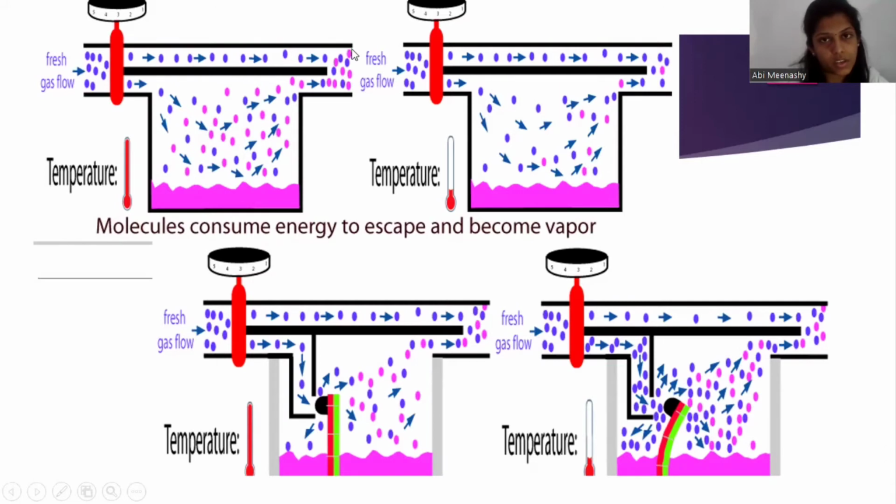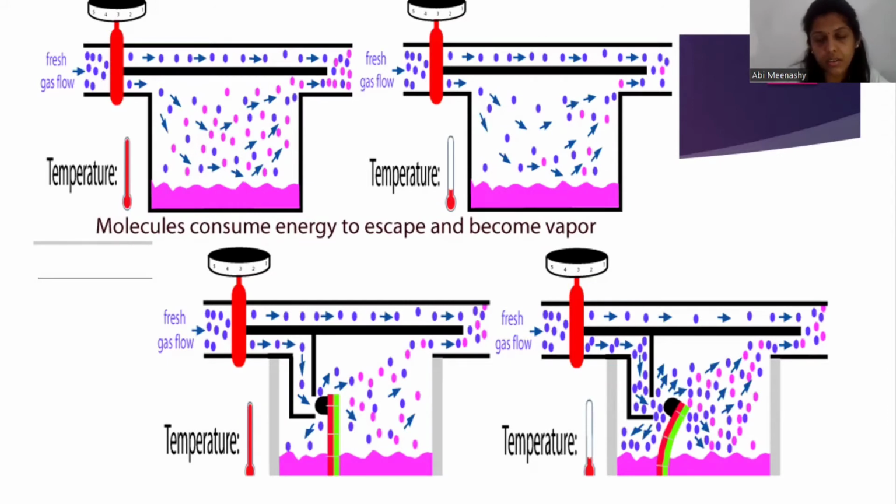When the temperature is low, in the second scenario, fresh gas flow goes through your bypass chamber, goes through your vaporizing chamber, but adequate vaporization doesn't happen because the temperature is low. As you know, we need some calories for vaporization to happen.